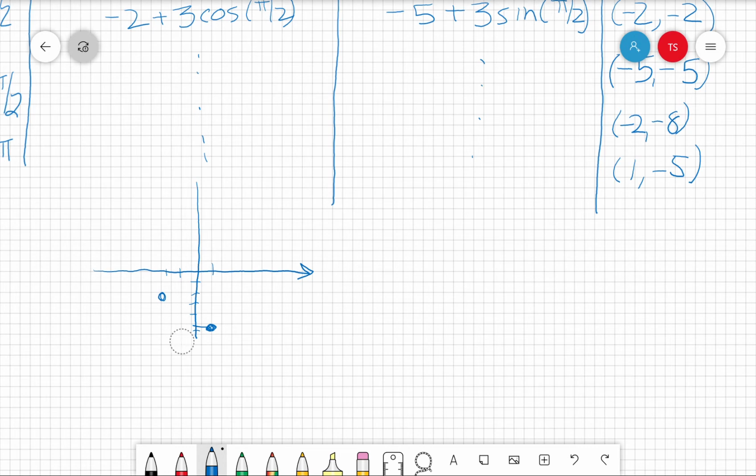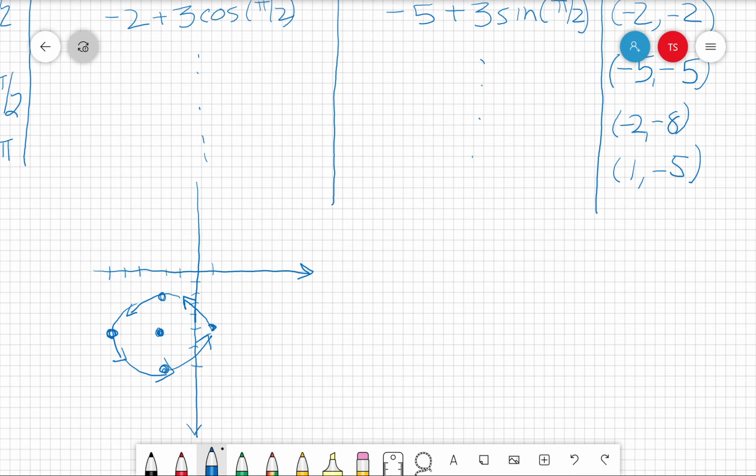Oh, I guess I got the concavity of that wrong. -5, -5. So we're going this way. And then -2, -8. And then back to 1, -5 again. And so that kind of looks like a football, but it's actually a circle.